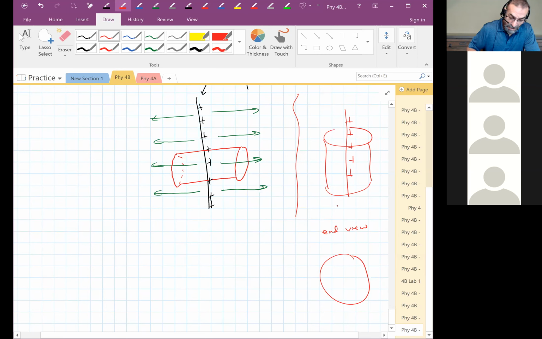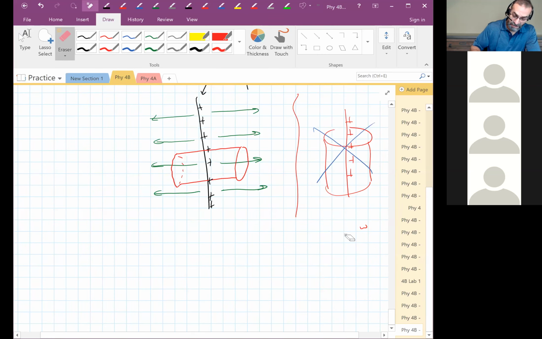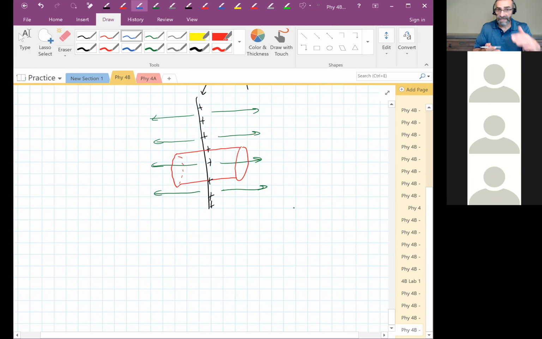The electric field lines are all doing this, but your area vectors are doing this. So the angle is changing, right? So that's not going to be an easy integral to do. That's a tough one. So you don't want to orient it this way on an infinite sheet. It doesn't match the geometry of the situation, right? You want to orient it parallel or perpendicular to electric field lines only.